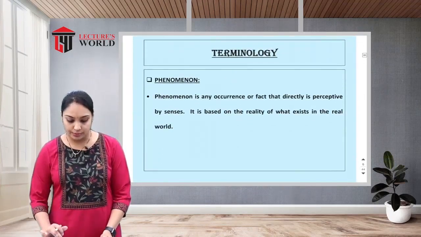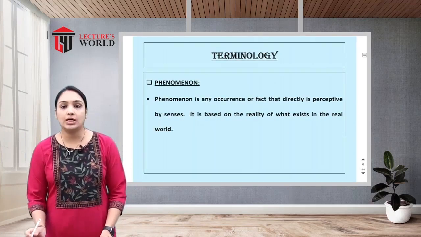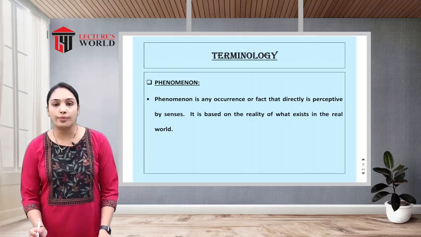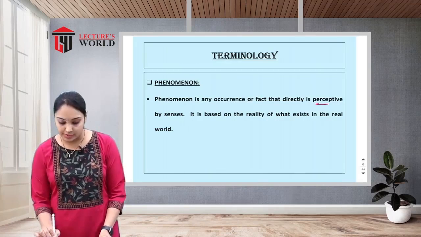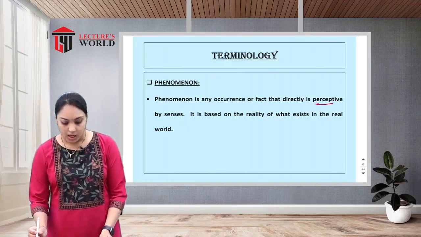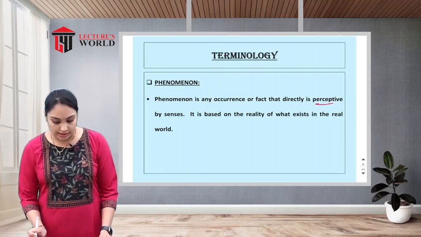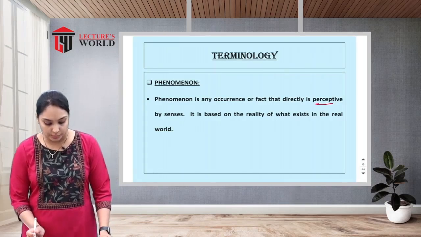Next one is the phenomenon. A phenomenon is any occurrence or fact that is directly perceptible by the senses. It is based on the reality of what exists in the real world.